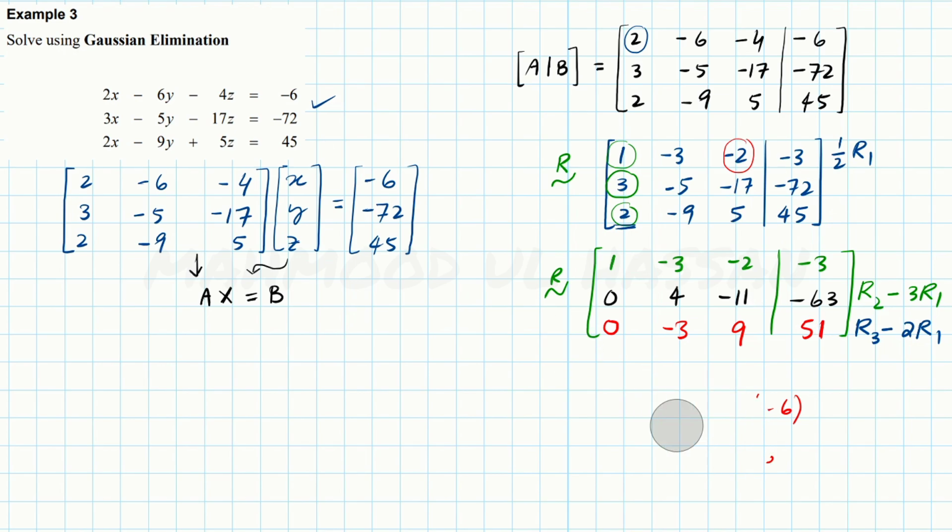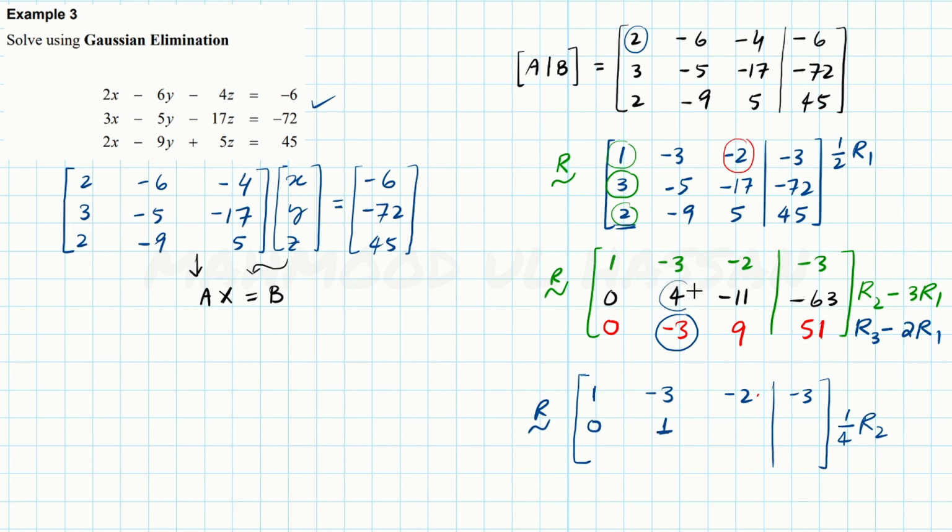Now the next step is, we are going to make this negative 3 into 0. How to do this? That is again row equivalent, and the first row would be the same, that is 1, negative 3, negative 2, and then negative 3. And the second row, if we multiply 1 upon 4 with row 2, that would become 0, 1.